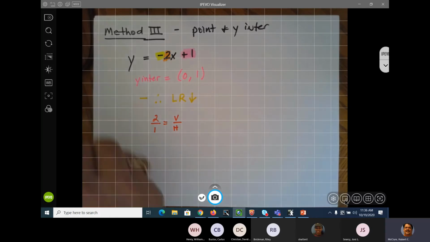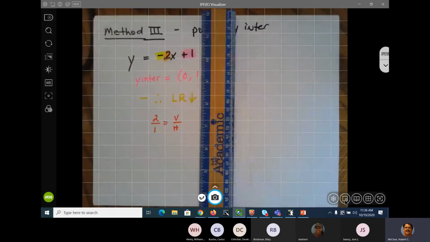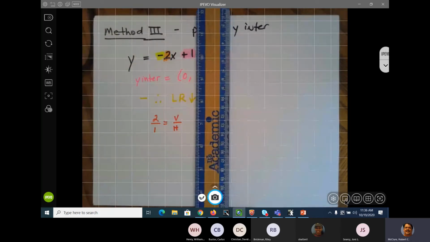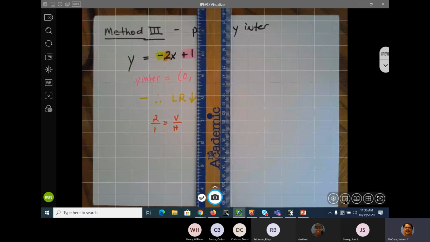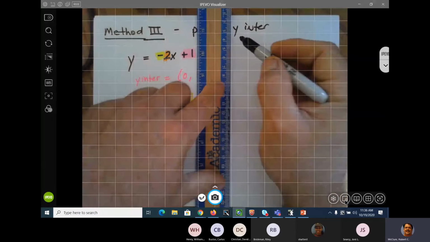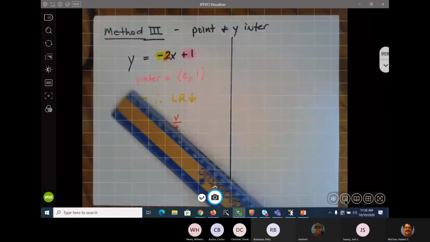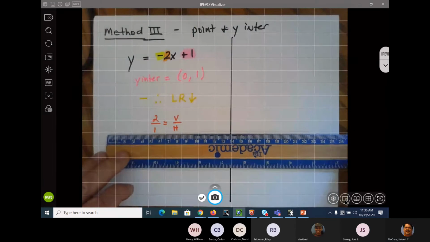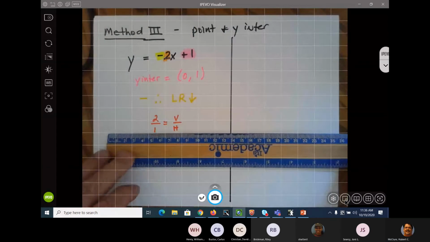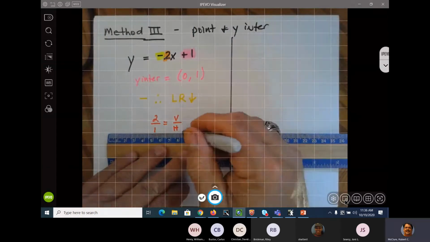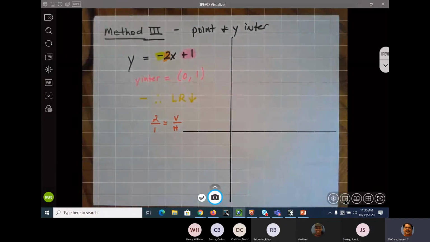This is not on my paper, so I have to line this thing up. It takes me a little bit extra. And yes, you're welcome for doing it for y'all. So there's that line.